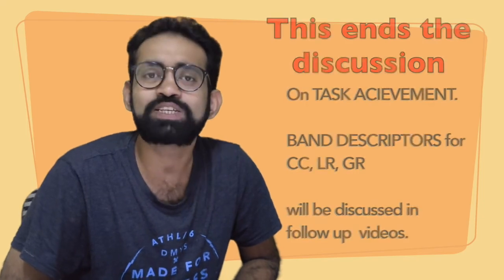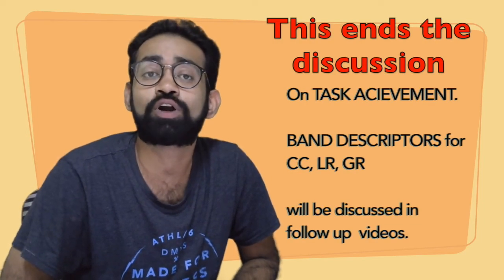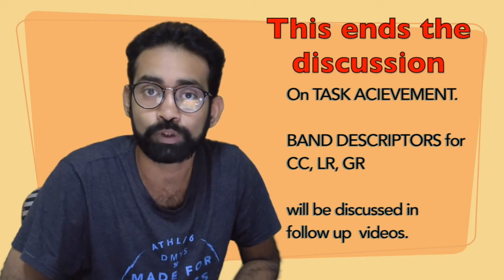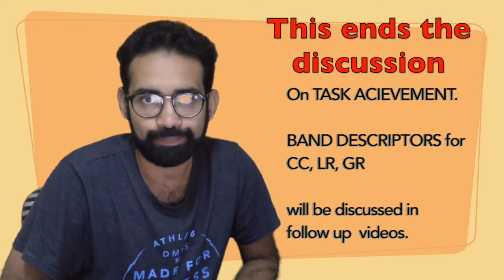This document on IELTS band descriptors is available on the IELTS website. I have shared a link in the description below, and you can also download it from the British Council, IDP, or University of Cambridge website. All those websites might have a public version of the band descriptors. So this was the band descriptor for IELTS task 2, that is the IELTS essay.